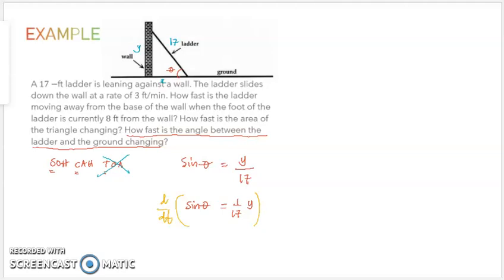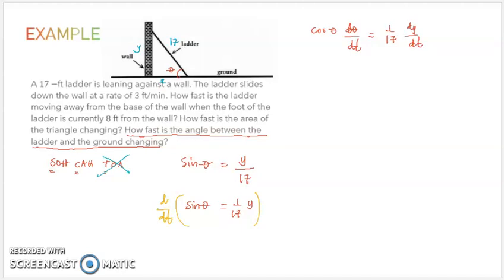The derivative of sine is positive cosine theta, times the derivative of theta with respect to time, which is what we are after, the rate of change in the angle. That is equal to 1/17, since the derivative of y is dy/dt.